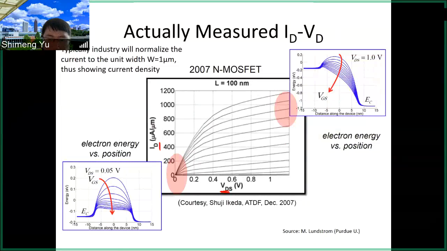And we see a group of curves corresponding to different VGS, similarly as before. But if you compare with what we showed earlier, we have this linear region, and then it will become flat. This is what we predict for the long channel.